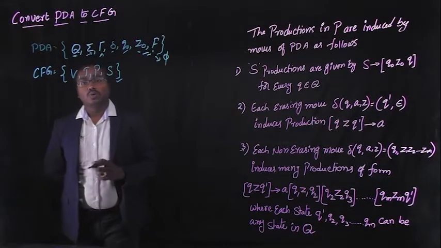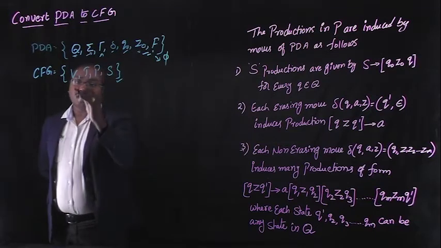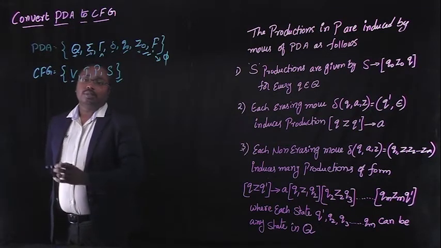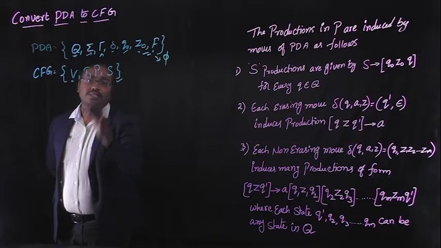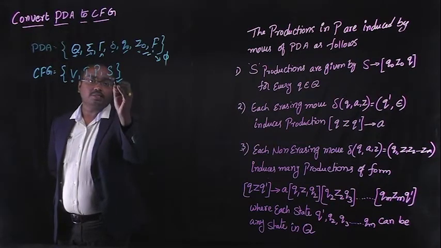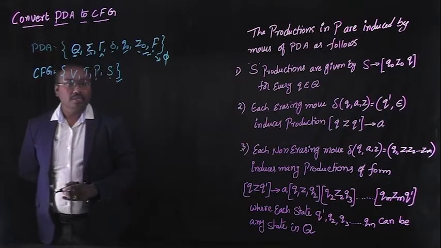So how to extract these 4 tuples? V represents variables, T represents terminals, P represents production rules, and S represents the starting symbol of the grammar.